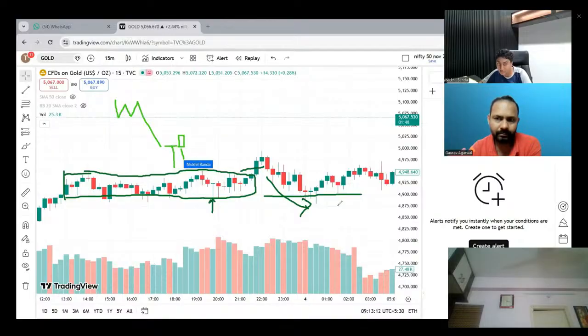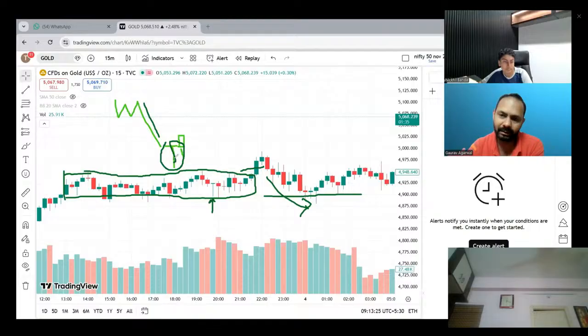Then can you go for a buy? Yes, you should go for a buy definitely here, because there was a downtrend, and that means this is a sign of reversal. After a downtrend, if a doji or hammer is formed, that means there may be a sign of reversal. And at the time of reversal, we may need to enter here. Once it closes beyond this, we can take an entry. And once you take an entry here, your stop loss will be here, and your targets will be in this range.